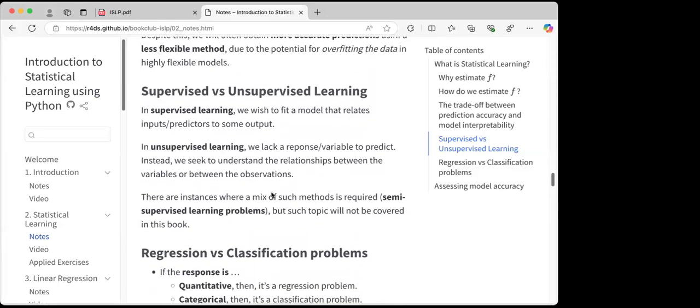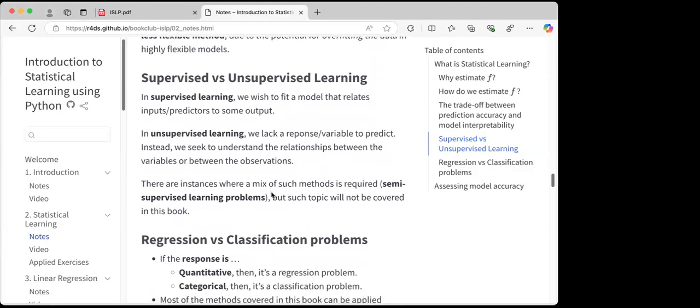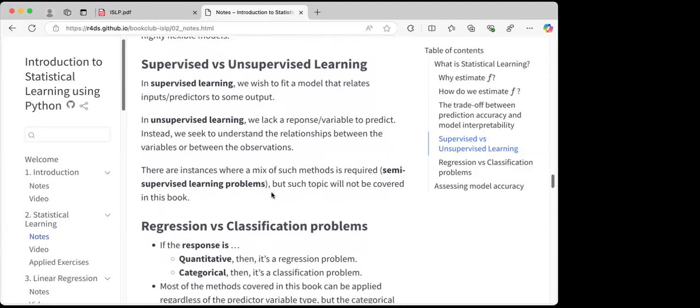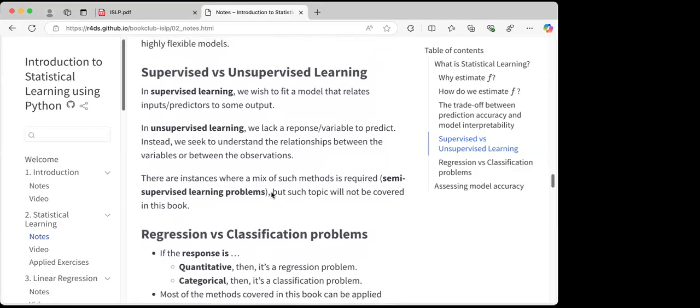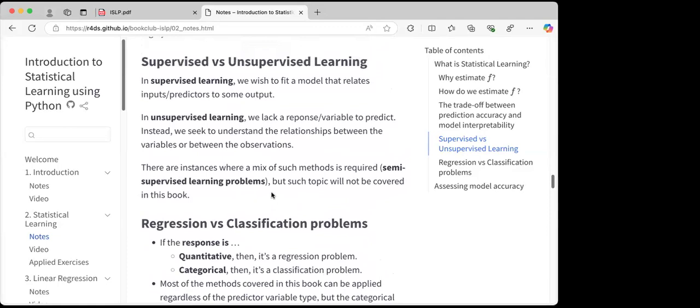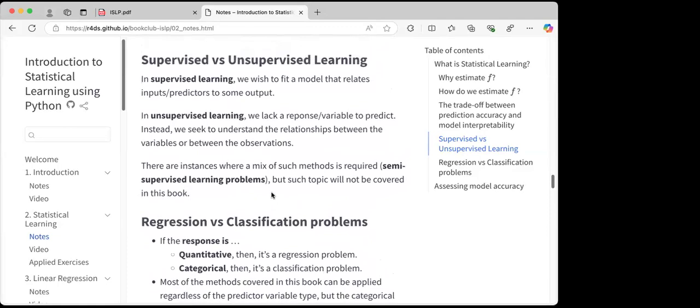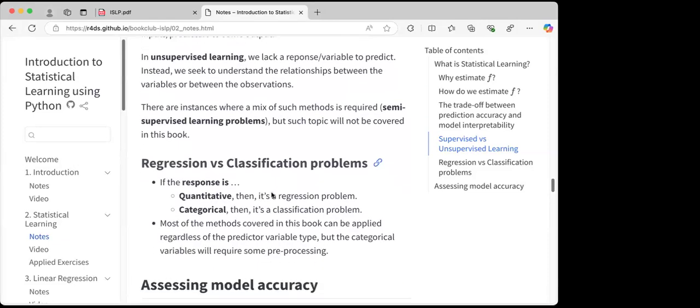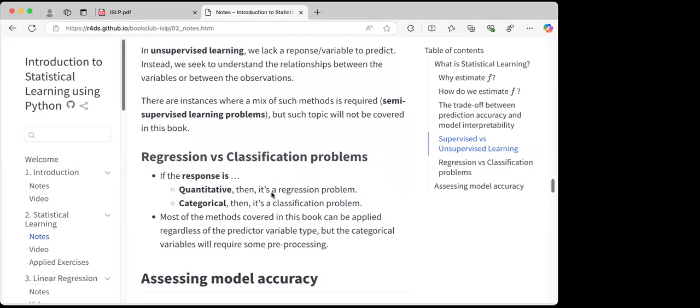So knowing the type of learning problems we have, any problem could be broken down into either a regression problem or a classification problem. When we decide that this is a supervised learning problem because we have a response variable, that problem could further be broken down into either a classification problem or a regression problem.